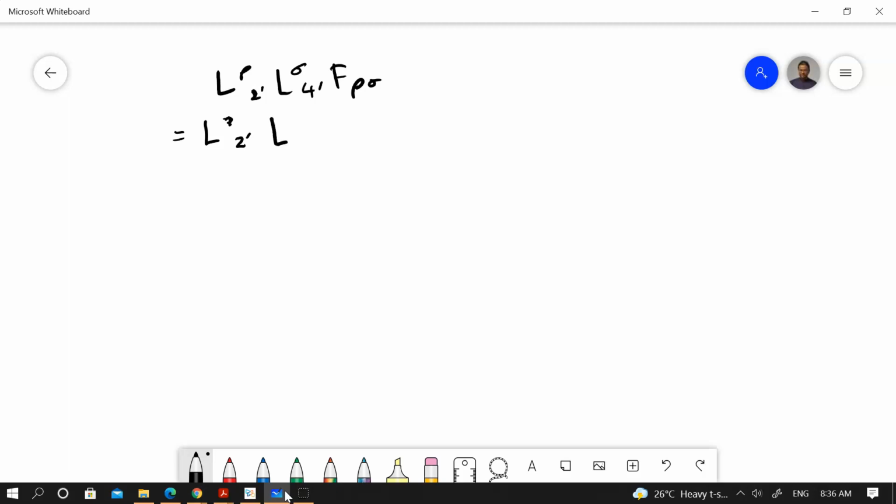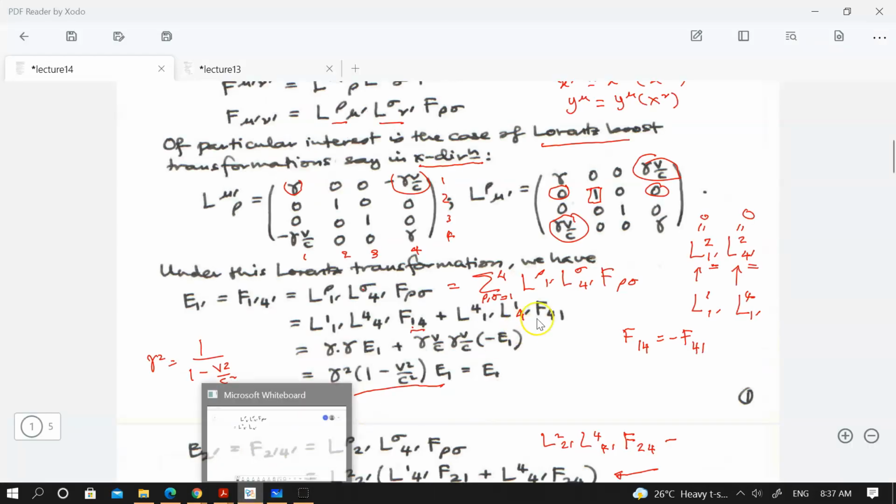And for this one, L4 dash, so what is non-zero in that particular case? L4 dash, so I need the fourth column, right? Fourth column.